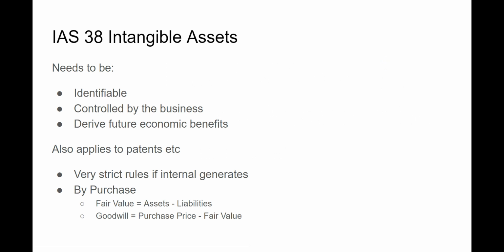So we are saying, for example, if the assets of a business are worth 1 million, the liabilities are worth 500,000, and the business was purchased for 700,000. Well, I could purchase the asset part of the business, if you like, for 500,000 because that's the difference between the assets and the liabilities.